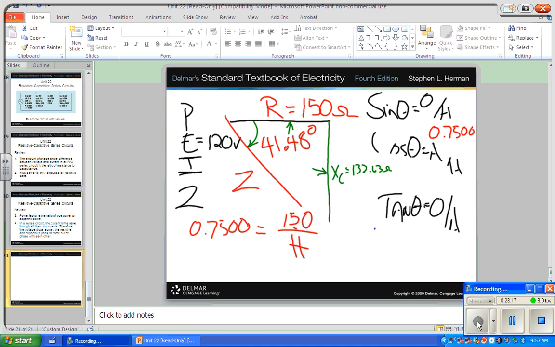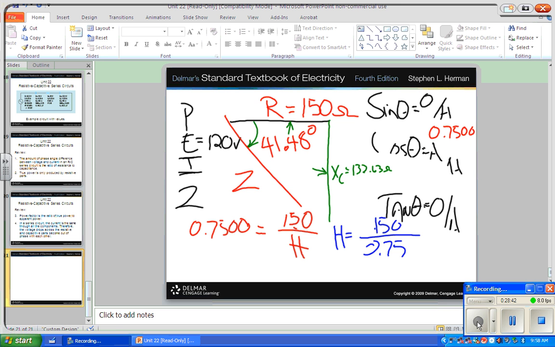Good. So now we have that thing again where we're going to exchange the number on the left with the thing on the bottom over here on the right. Okay, everybody see that? So we're going to have H is equal to 150 divided by 0.75. What number is in your calculator right now? Is it 0.75?